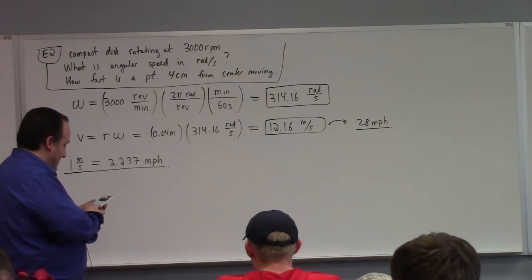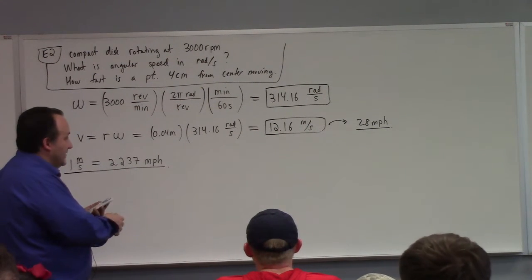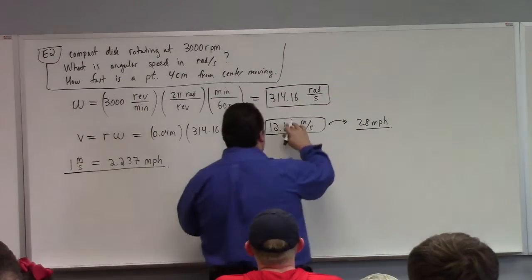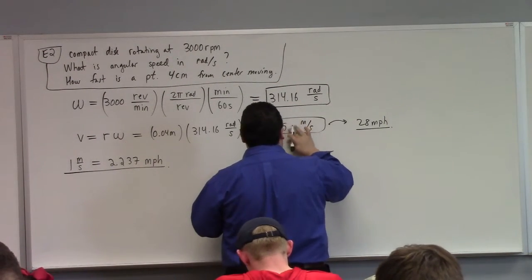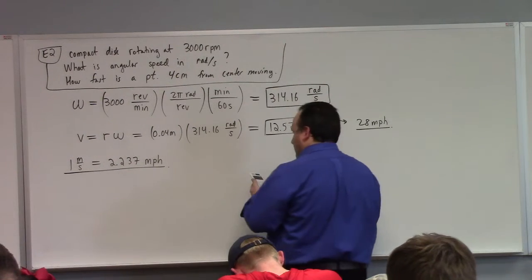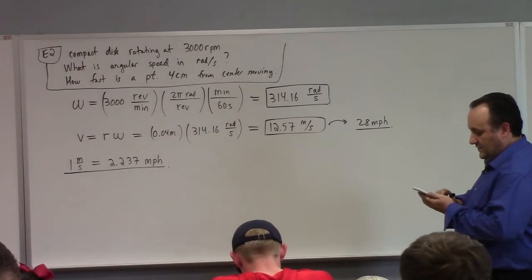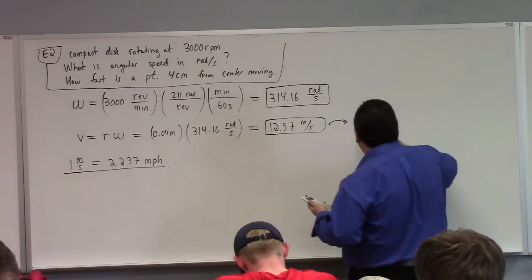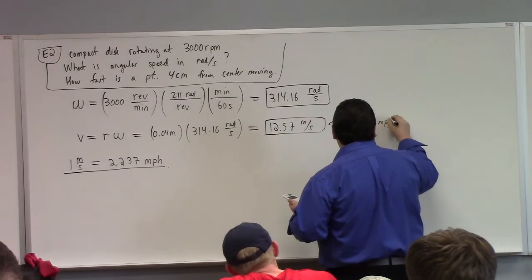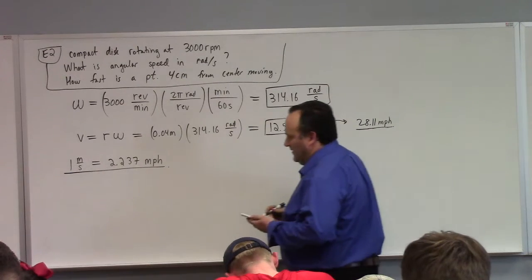Let's see here. Yeah, you got it. 12.57. Fair enough. And that times 2.237 is 28.11. There you go.